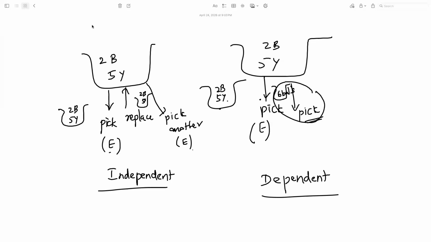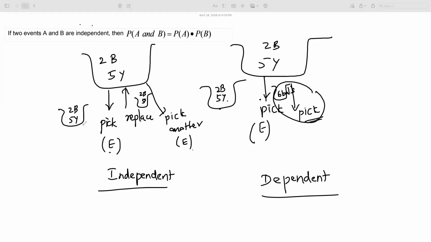So, for 2 independent events, let's do this. If A and B are independent events, in the same example, I'm going to show you, so that you understand it perfectly the first time. This is independent, right?